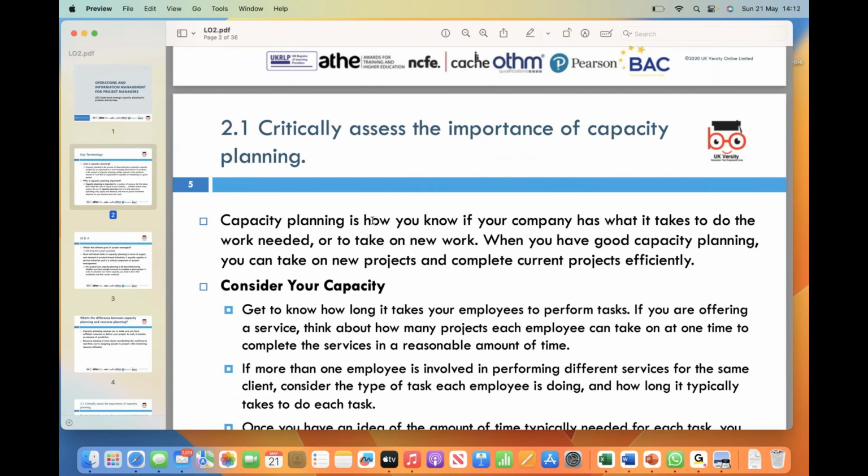First and foremost, capacity planning allows you to assess your company's ability to handle the workload by understanding the time it takes for your employees to perform specific tasks. You gain insight into the overall capacity of your workforce.